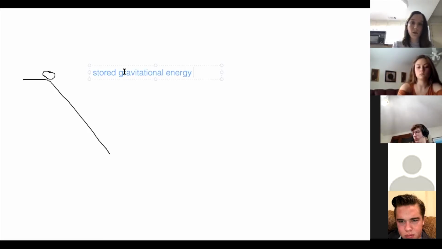This is stored gravitational energy. So gravity is what supplies the force that makes the boulder roll down the hill. So it has the potential, and it's better really to say that it's stored potential gravitational energy.